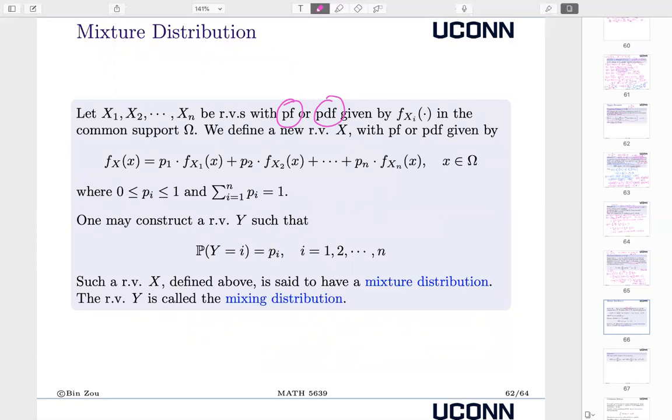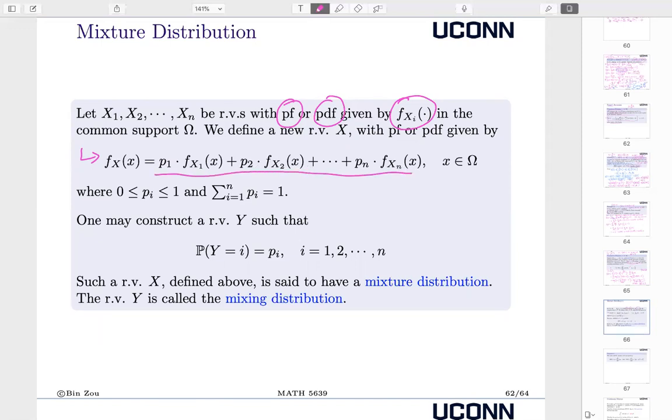Denote the corresponding probability function or probability density function by small f. So I construct a new random variable in this particular form. The new random variable X will be defined using its probability function or probability density function, or a mix of them. So it's defined this way.